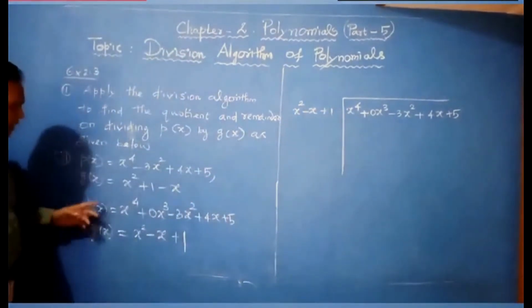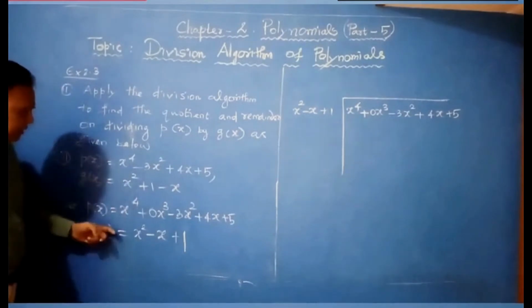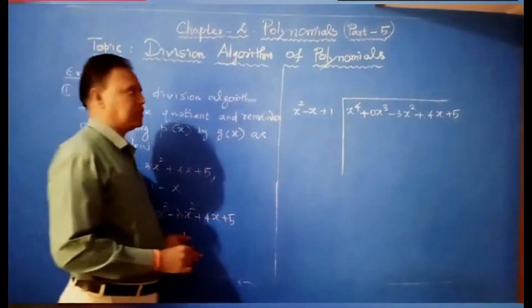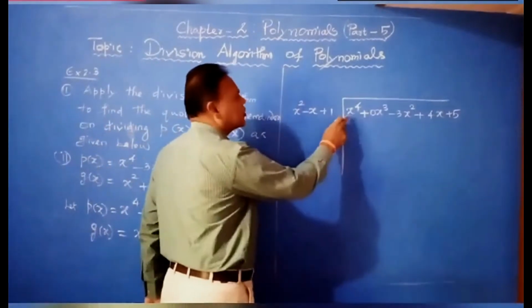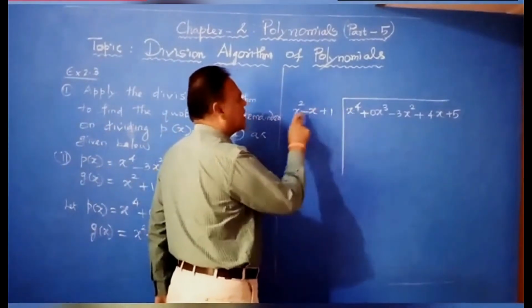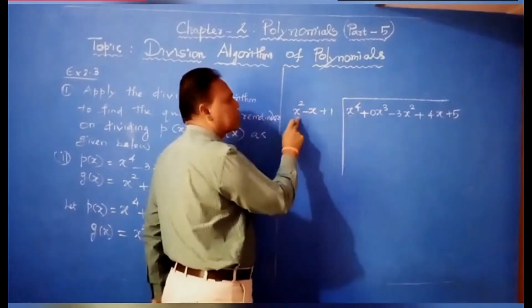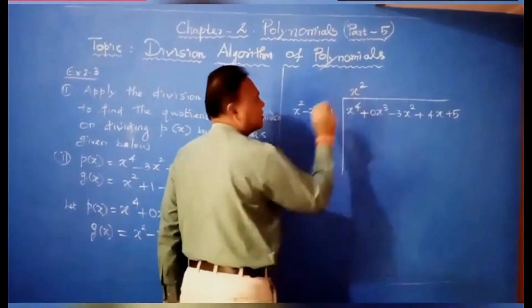Understand, this is very important. So you have to write in the standard form so that easily we can divide. Now as usual, take this first term and this term. Divide. What we will get? x power 4 by x squared is x squared.